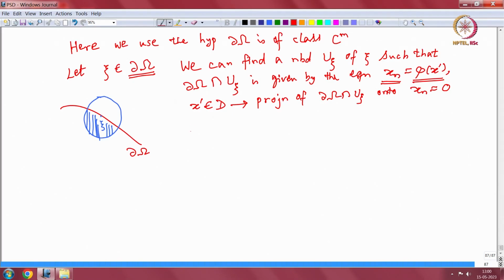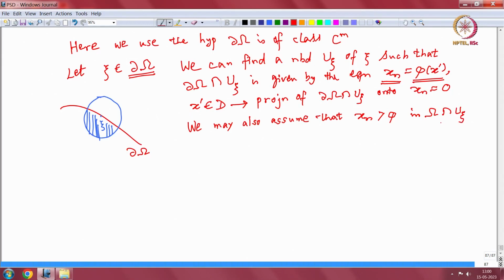Okay, so we may also assume, again for convenience, that xn is bigger than phi in omega intersection Uj. Otherwise you change phi to minus phi, that is all.